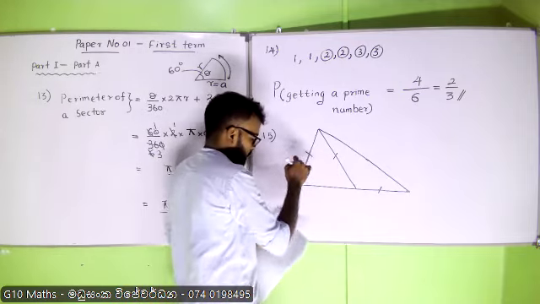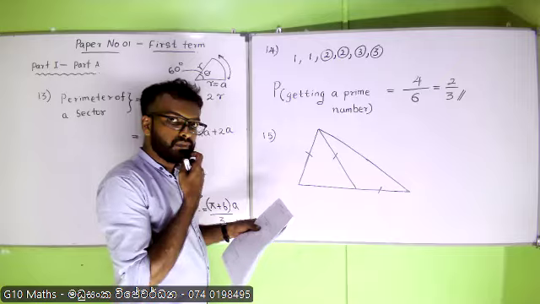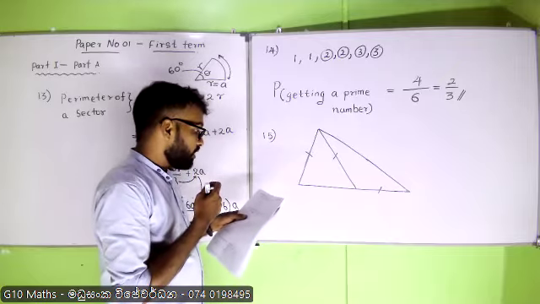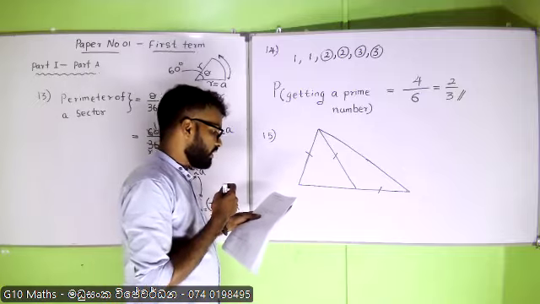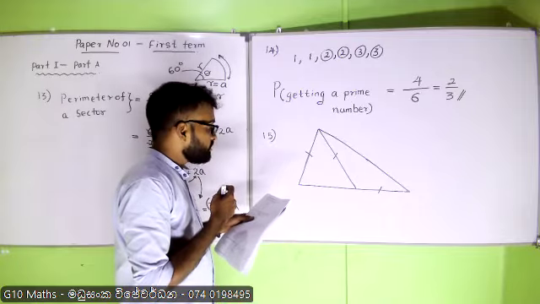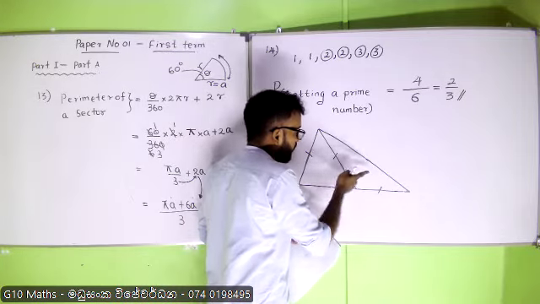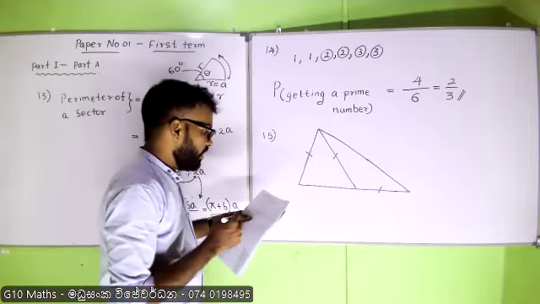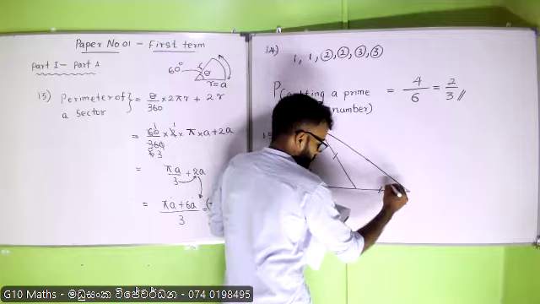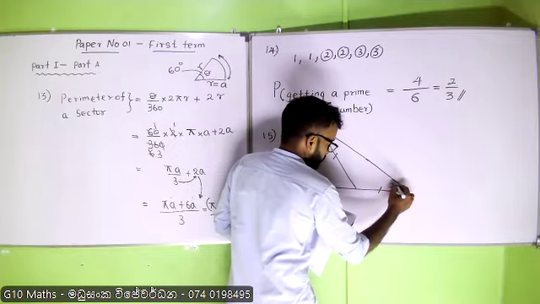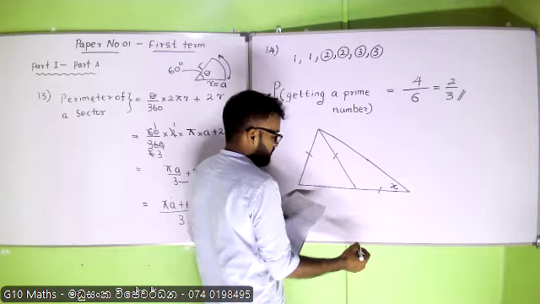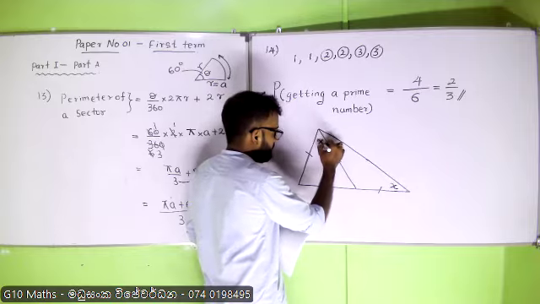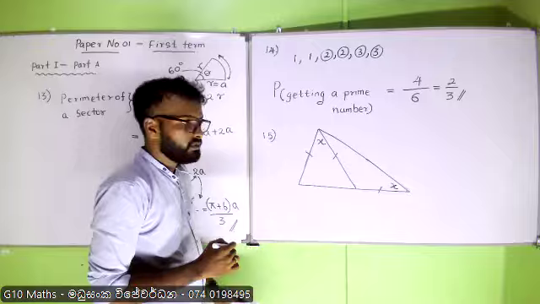These three sides are equal. So now you have to use these things to get the value. Right. So, and they have given this is x and this is x. Right.